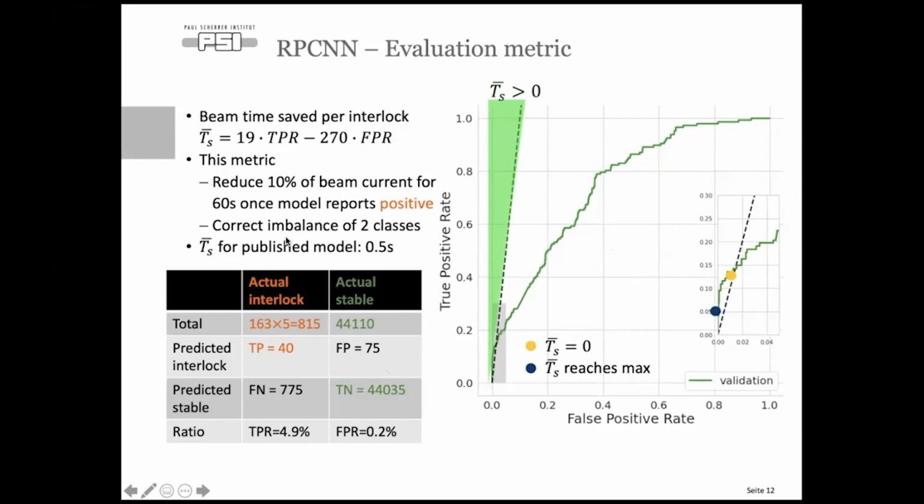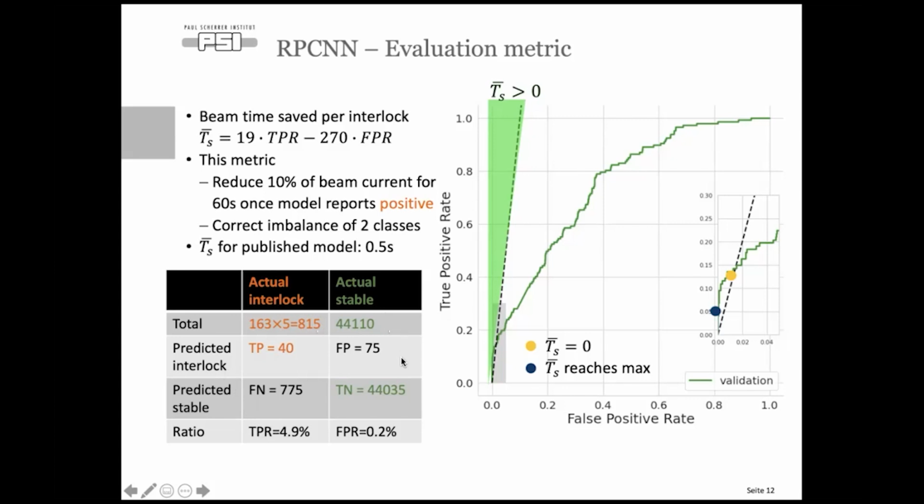Now I will explain the result of the output and the ROC curve. This is our confusion matrix, which compares the samples that are actually interlock with whether they are predicted as interlock or not. As you can see, we have 815 samples of actual interlock and many more samples of actual stable, so the classes are highly imbalanced.